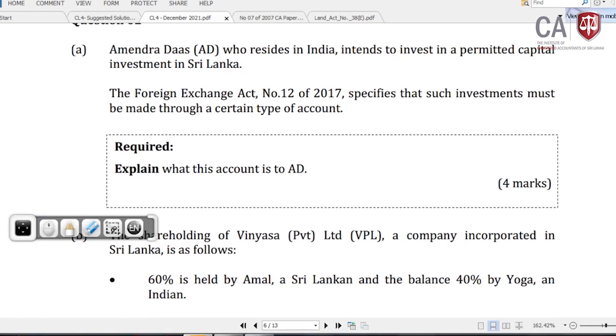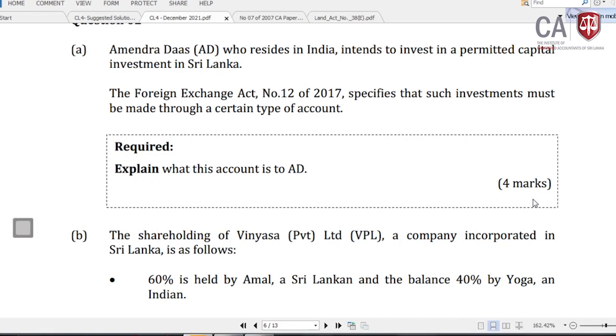So in your answer, these are the main points that you should mention. They have allocated 4 marks for this question. The first thing that you should state is the name of the account, that is inward investment account, and then you can also mention that this is a special type of account designated for eligible investors resident in or outside of Sri Lanka.